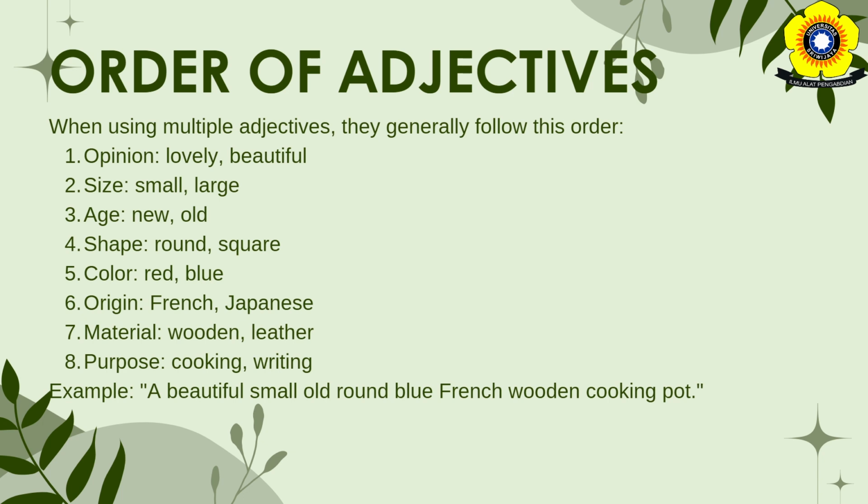Order of adjectives. When using multiple adjectives, they generally follow this order: 1st is opinion, 2nd is size, 3rd is age, 4th is shape, 5th is color, 6th is origin, 7th is material, 8th is purpose. Example: a beautiful small old round blue French wooden cooking pot.